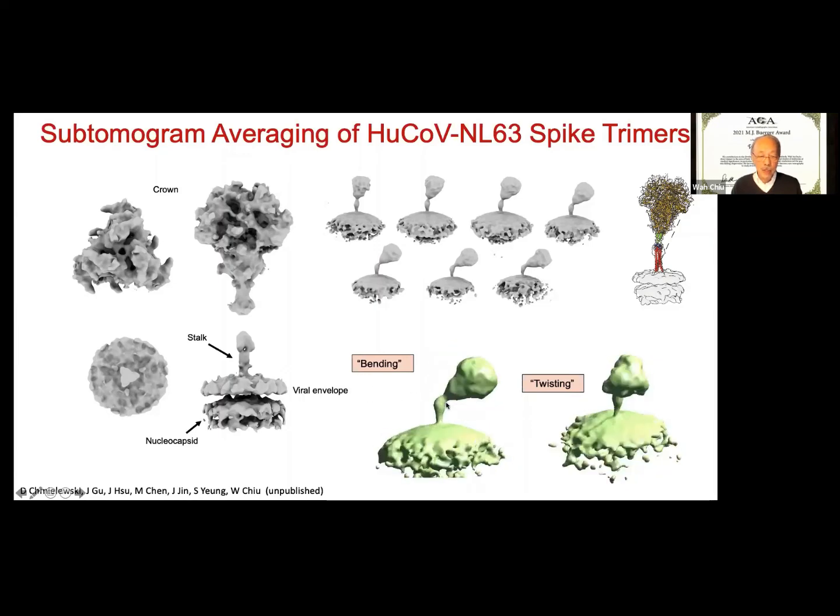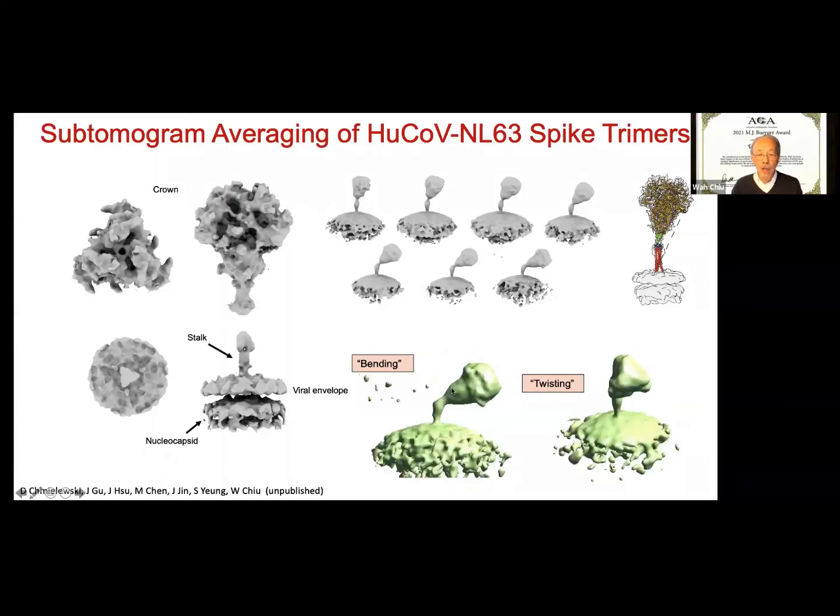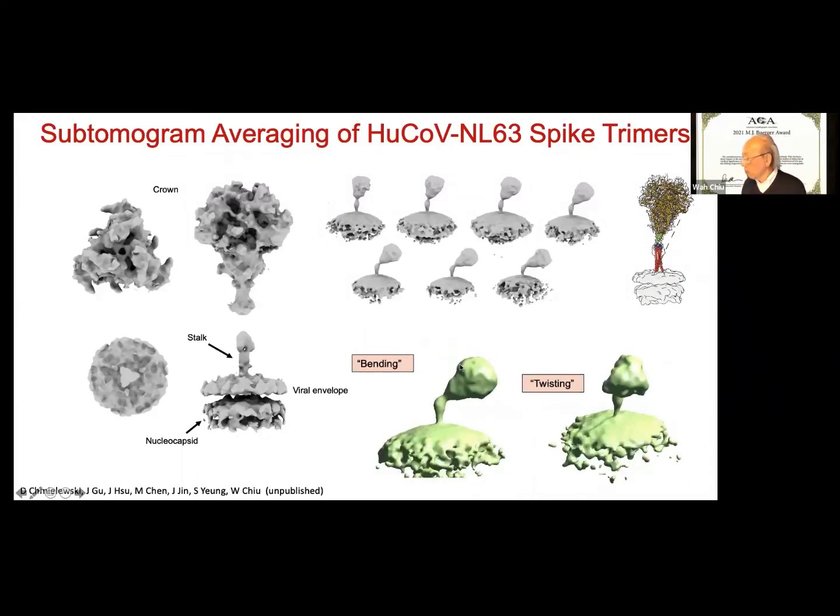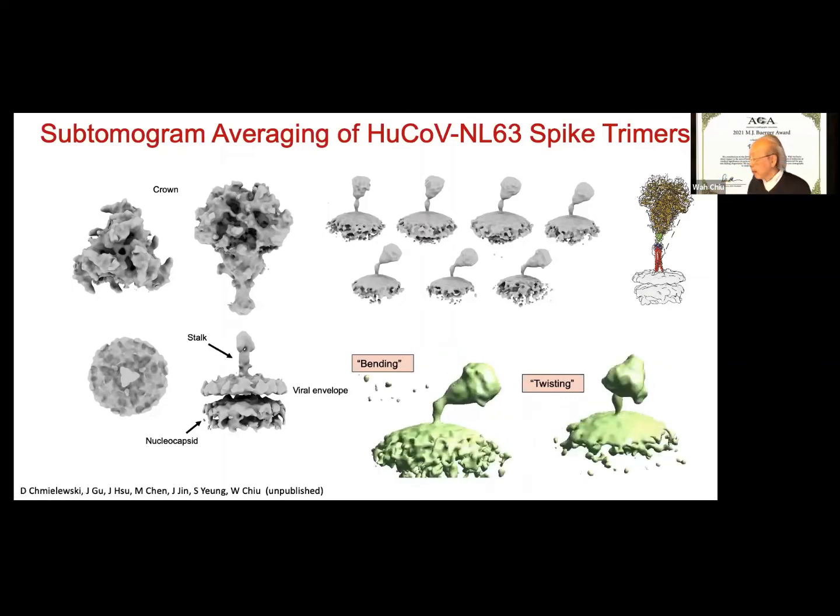It looks like a hinge motion at the junction between the stalk and the bottom part of the crown, and it also has a twisting because they can have different orientations. So I think this approach provides complementary information about the dynamic nature of these spikes. It opens up all the possibilities, particularly in drug design or antibody design for the spike proteins of the COVID. I think this tomographic approach is another way of providing additional information.